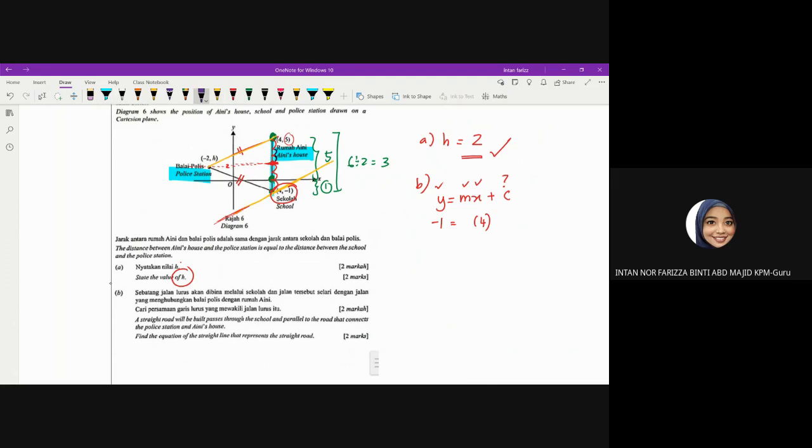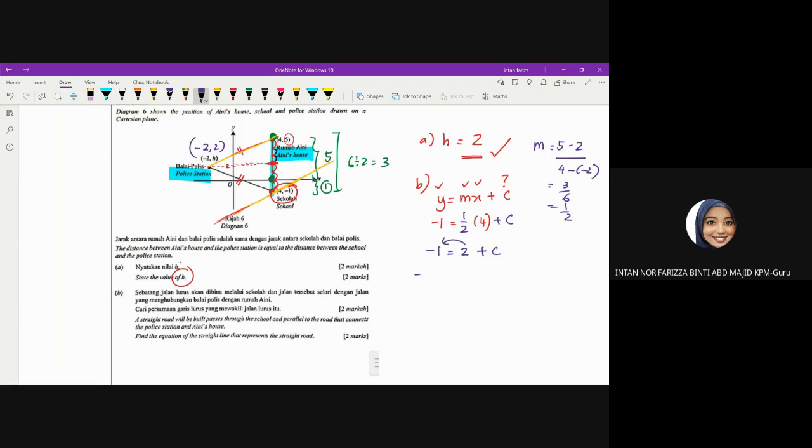I'm going to find the gradient first. We know -2, 2 here, and the other is 4, 5. So 5 minus 2 over 4 minus -2. No need to get a headache, just press the calculator. The answer is 1 over 2. So I'm going to put 1 over 2 here. Again, this working is for us to find c. So -1 equals 1 over 2 times 4, which is 2, plus c.